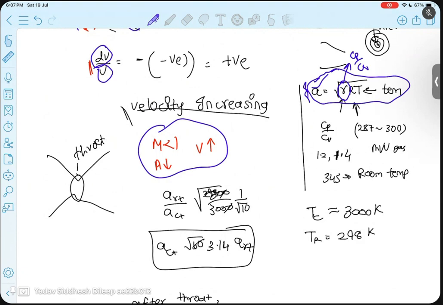Cv is the specific heat of gas at constant volume. Gamma is the ratio of both, and it is a very important dimensionless number in the domain of rocket propulsion. R is the gas constant, the universal gas constant divided by the molecular weight of the gases. T is the temperature.